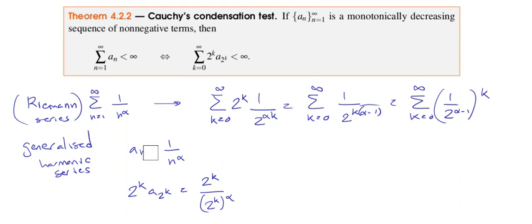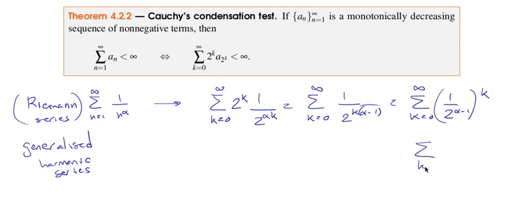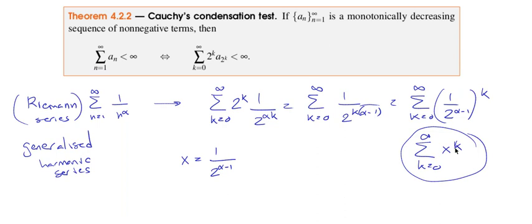Now if you think about it, this is the same as saying this is the sum from k equals 0 to infinity of x^k, where x is 1 over 2^(alpha - 1). But this is the geometric series, and we know that the geometric series converges when the absolute value of x is smaller than 1. Now this is positive, so we can operate with this. This is equal to 1 is smaller than 2^(alpha - 1).